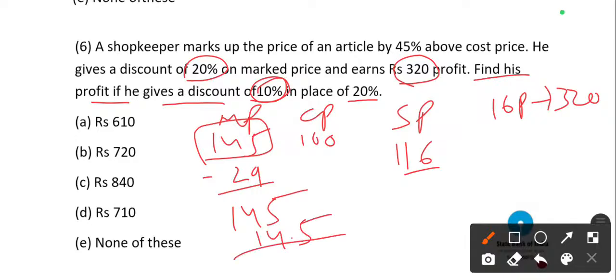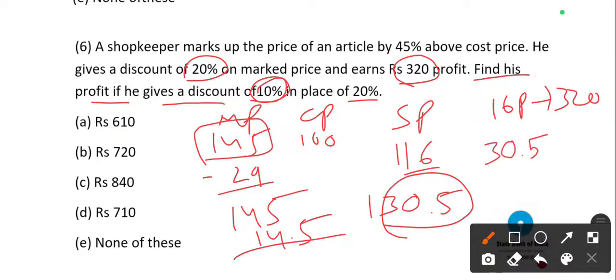So the selling price is 130.5. So the profit we gained is 30.5. The question asked is to find his profit. So now the profit is 30.5 parts. It will be 20 times. So 20 into 30.5, which will be 610, is our answer.